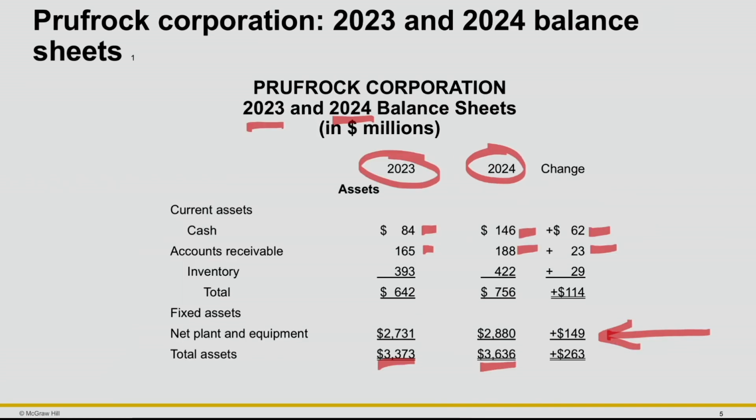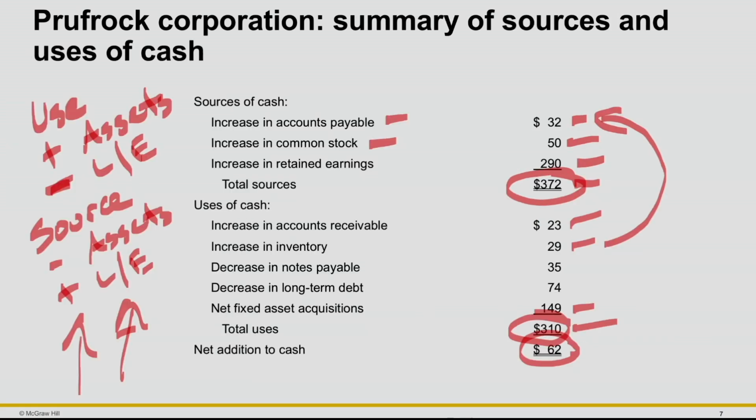Let's just go back over here and make sure we can see that. Yep, there it is. Right here. There's our 62 million. And cash went from 84 up to 146 million at the end of 2024. All right. Good so far?